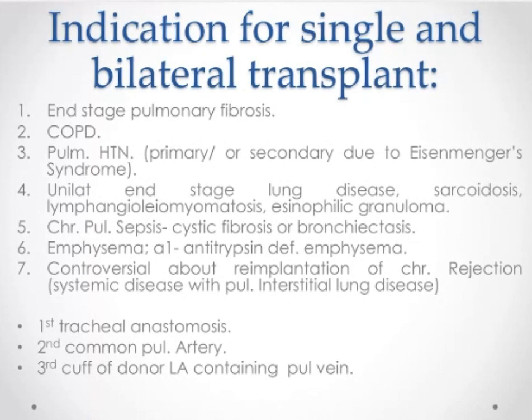Meaning, when you take the lungs from the donor to the recipient, you should cut a part of the left atrium that contains the pulmonary veins to re-anastomose with the left atrium of the recipient. First of all, you anastomose the bronchus and pulmonary artery. Later on, you anastomose the pulmonary vein to the left atrium of the recipient.